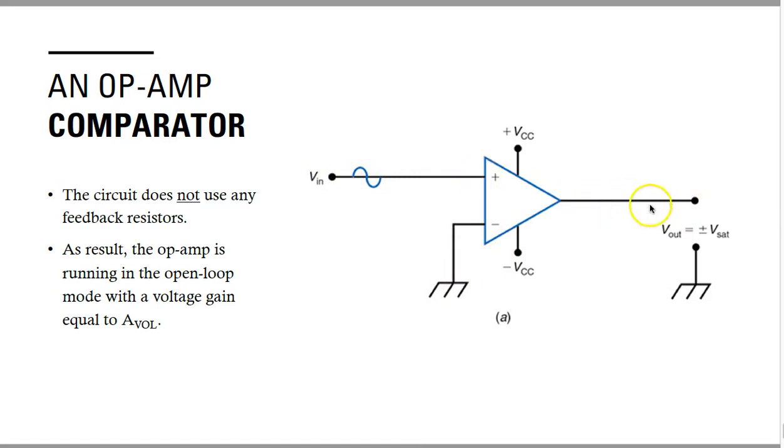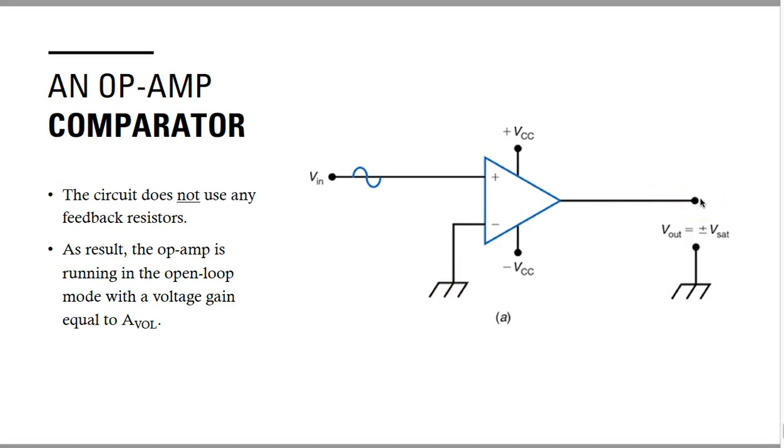So at the output, the maximum you can get is the positive saturation voltage, which is the positive saturation range here. And in case this is grounded and this is given some input voltage, then the maximum your output can go is the negative saturation.